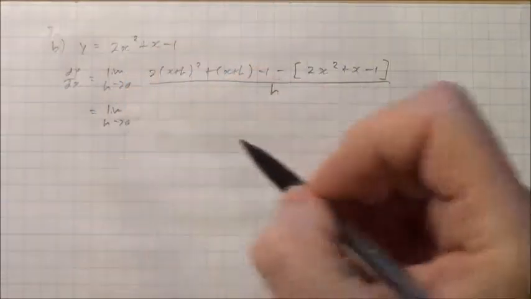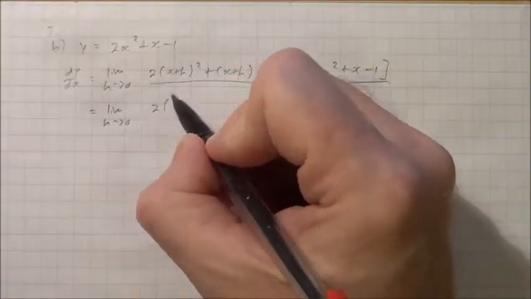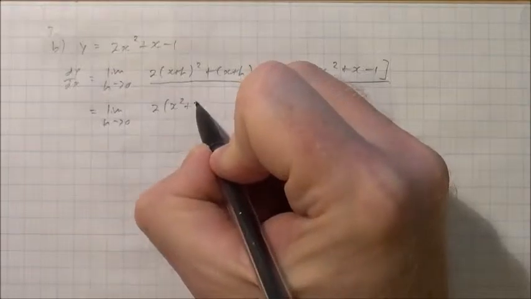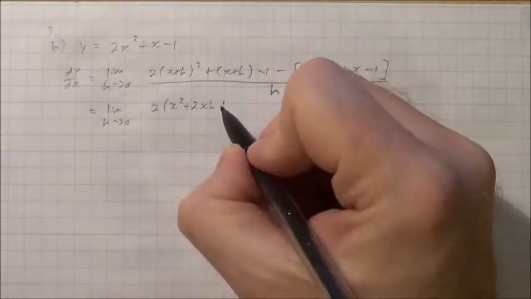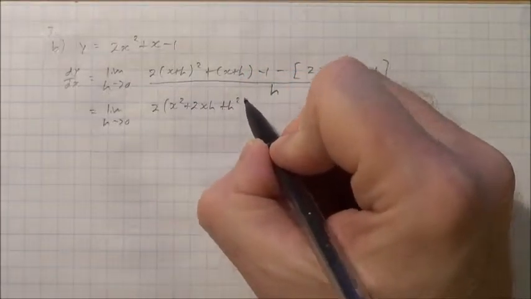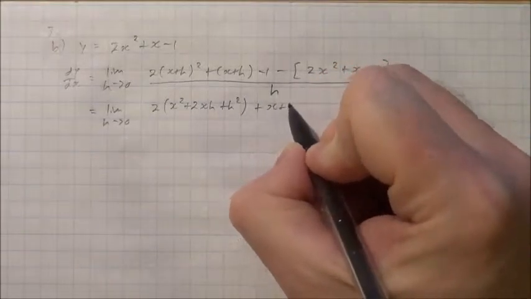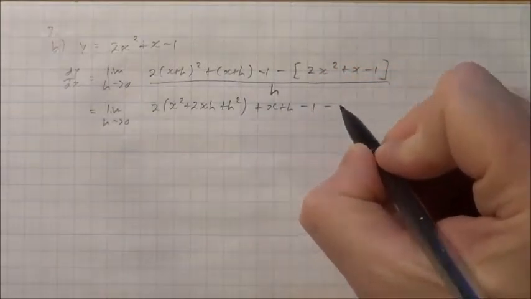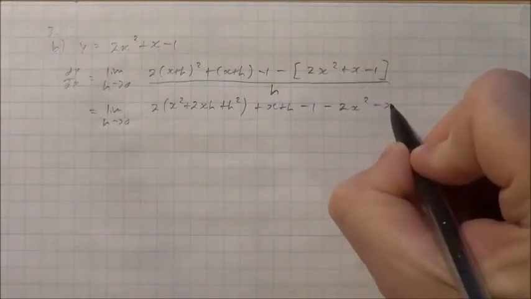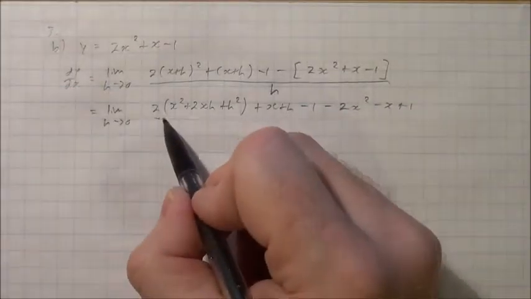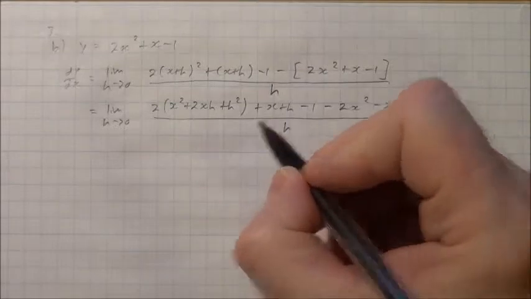So in proper form, we'll leave the limit notation. I'll expand this out, x squared plus 2xh plus h squared, plus x plus h minus 1 minus 2x squared minus x plus 1, all over h.